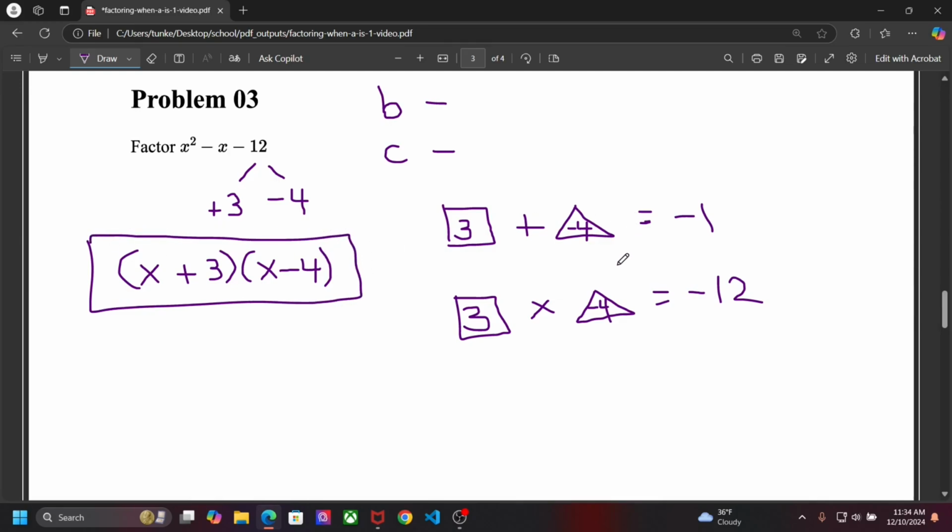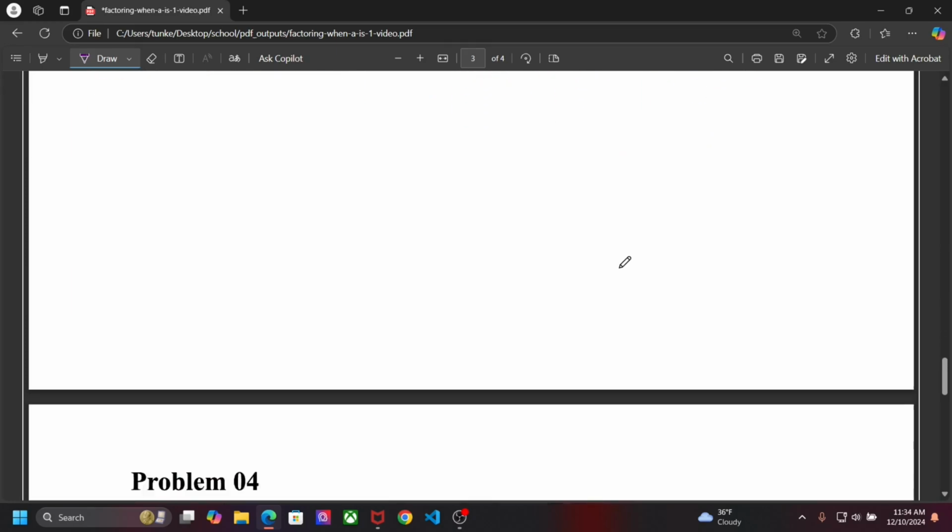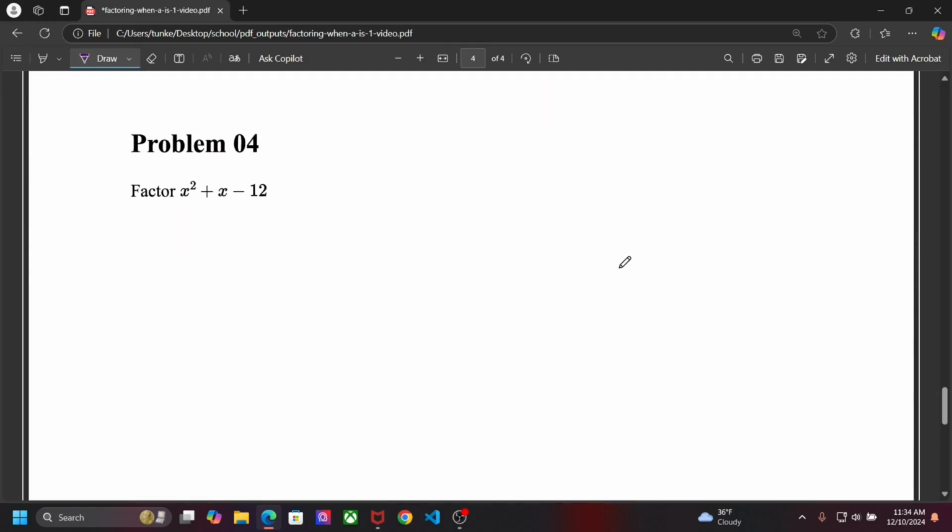Okay, let's look at one more. So if I go on down, let's see, this last problem here. So we have the value in front of x, this is a +1. So b is positive and c is negative. Okay, when we're in that case, we have one positive factor, one negative factor, because you have to multiply to a negative, but then the positive factor has to have a slightly larger absolute value.